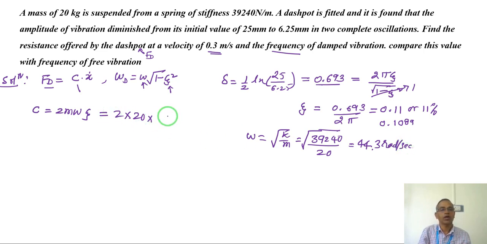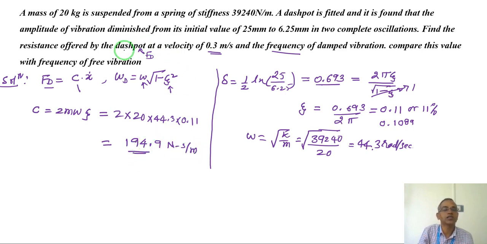So now I can use 2 into 44.3 into xi, which is 0.11. So I will get 194.9 Newton second per meter as the damping coefficient.